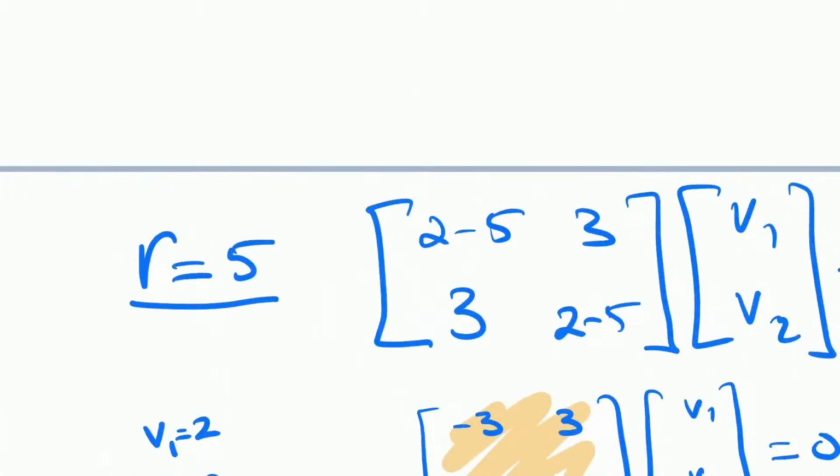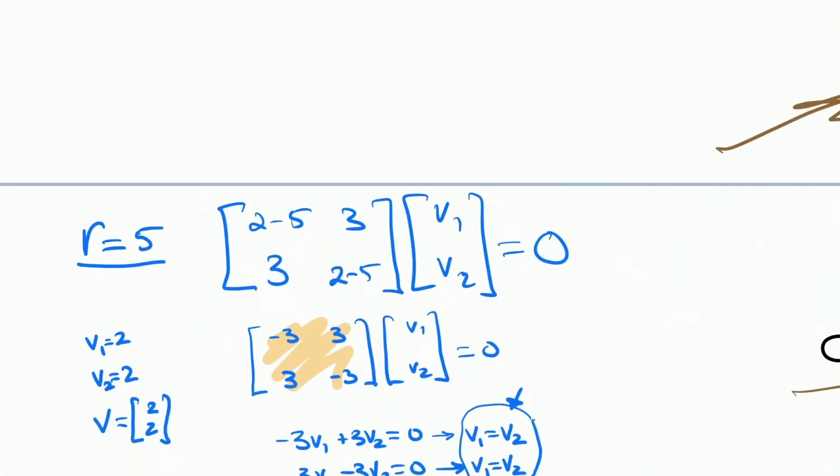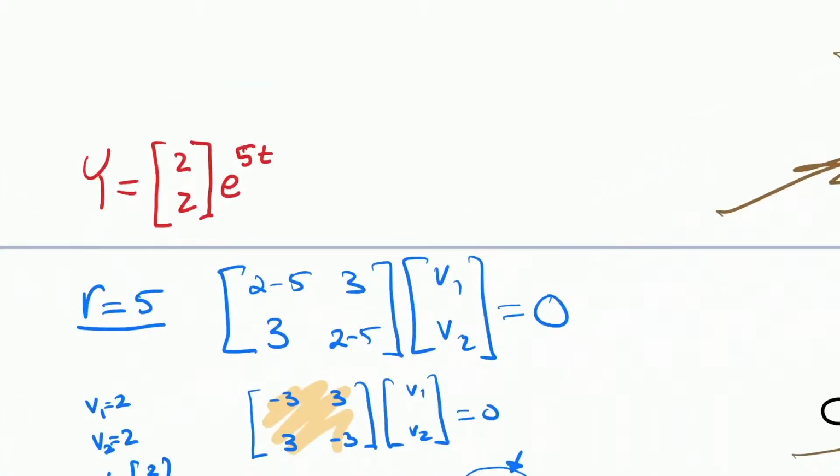So for this eigenvalue, here is the straight line solution. I guess we didn't talk about why it's called straight line, don't worry about that right now. It is going to be this vector times e to the 5t. So that is a solution. This would be, oh, that's capital Y. I think we started out with x's, didn't we?